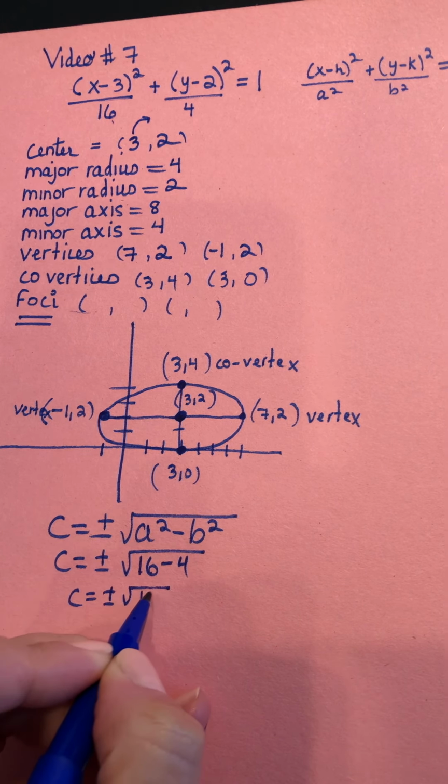So my first focal point, it's kind of weird, but it's 3 plus 2 root 3 is the x value, comma 2. The other focal point is going to be 3 minus 2 root 3, comma 2. So these are my 2 focal points, and these are in simplest radical form. I believe that is it.